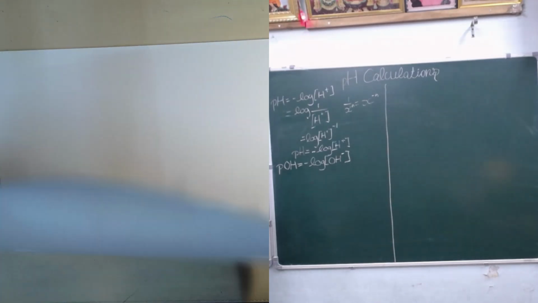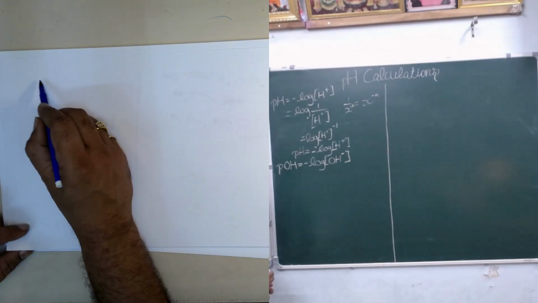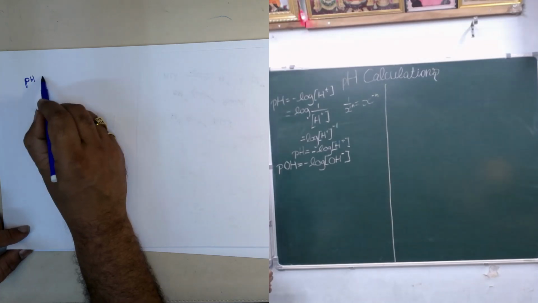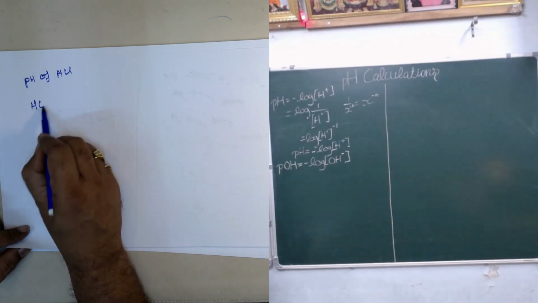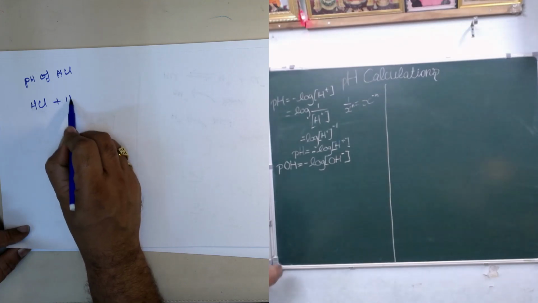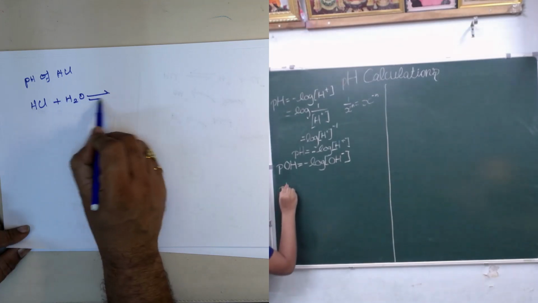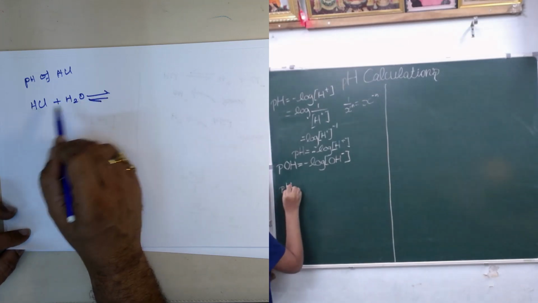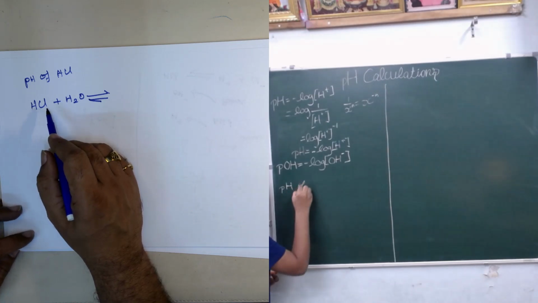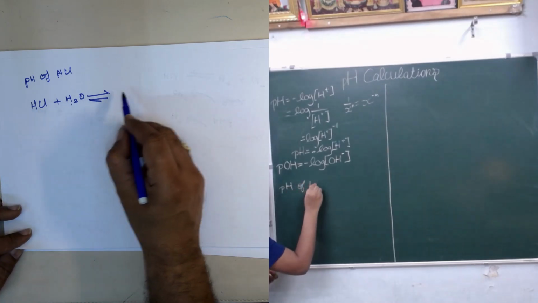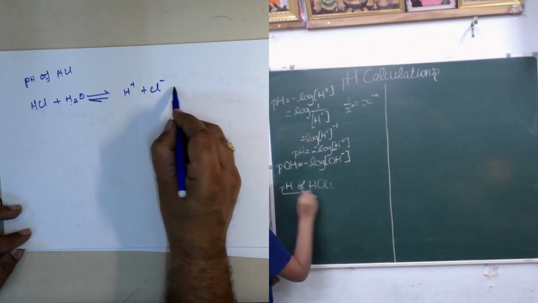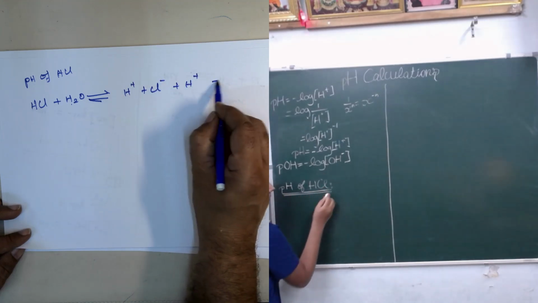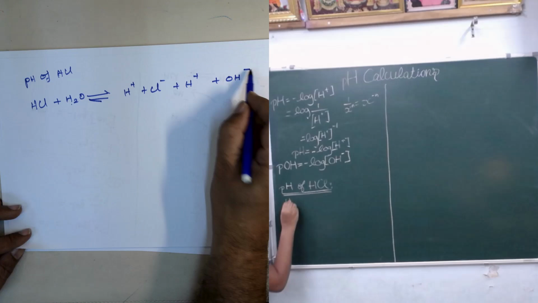When we write the pH of an acid, for example, pH of HCl, what you are supposed to do is write HCl and ionize it in the presence of water, because this should be ionized in solution. So HCl plus water gives H plus, Cl minus, plus H plus, OH minus.